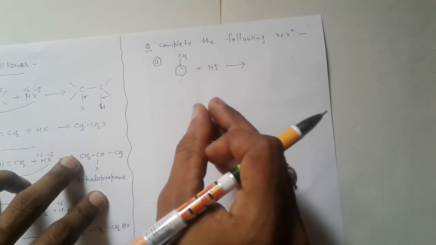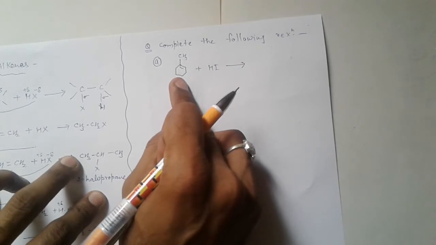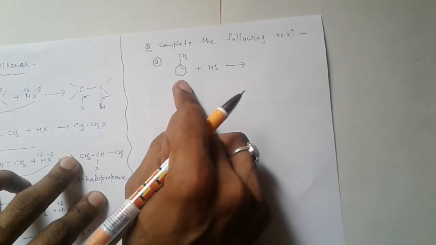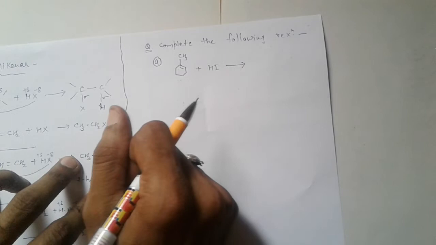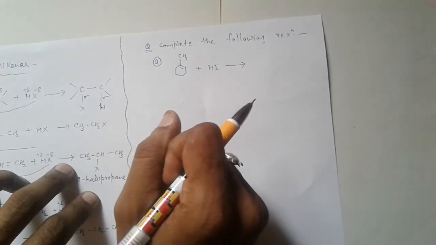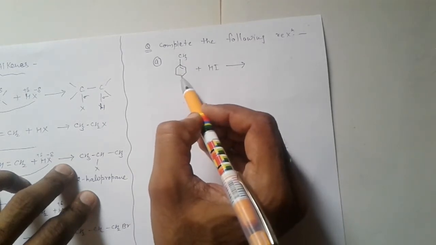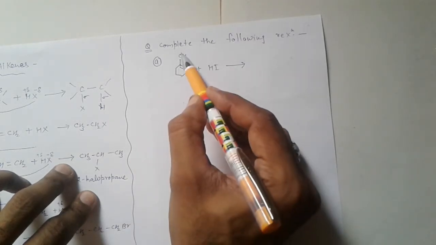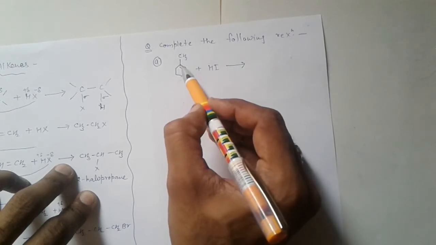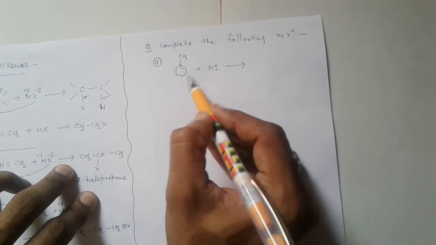Here HI is added to this cyclic alkene. What will be the product here? Very important. In this cyclic alkene, a methyl group is attached to the cyclic ring.